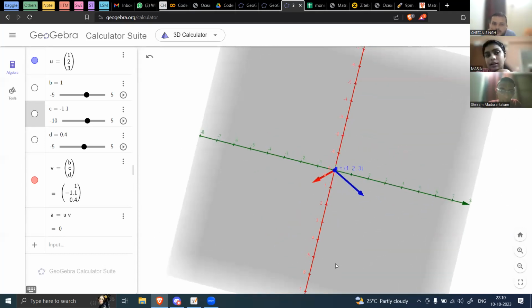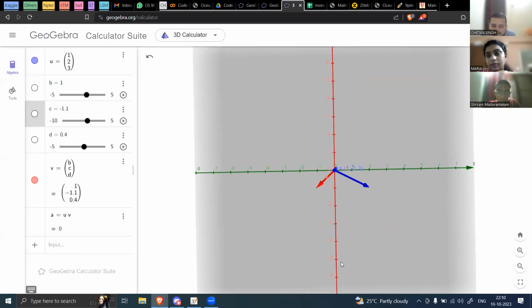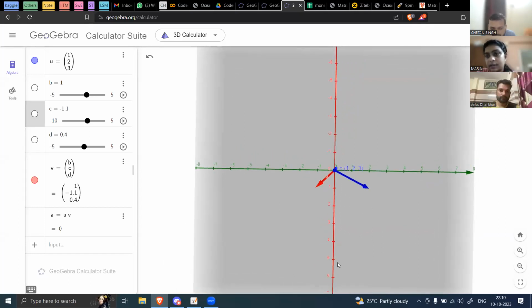Maybe if we could check which octant this vector is in, the other one would not be in the same octant, right? Then we'll know. Sorry, so this vector is actually in a three-dimensional space, right?